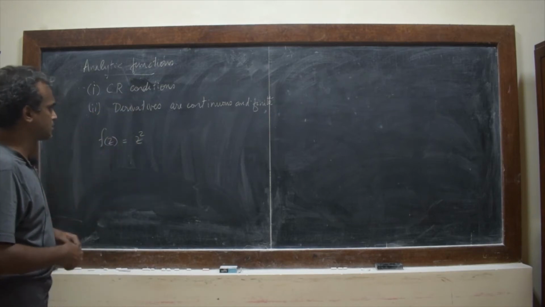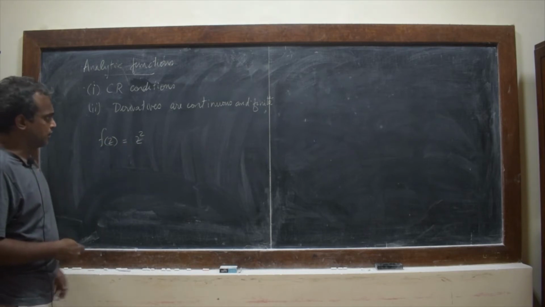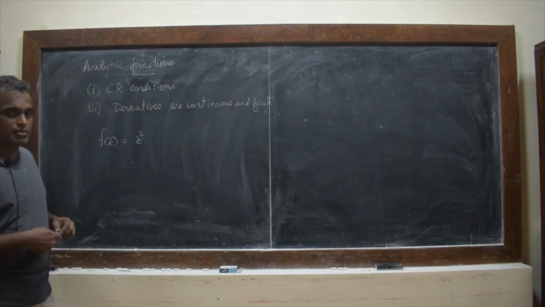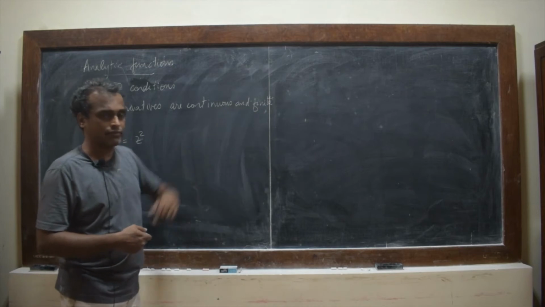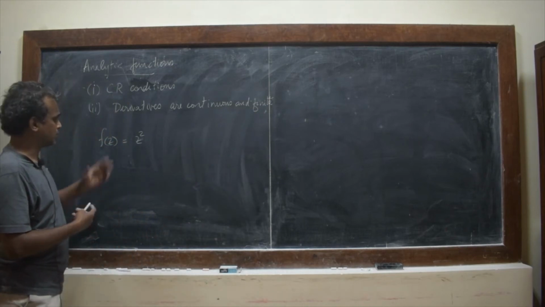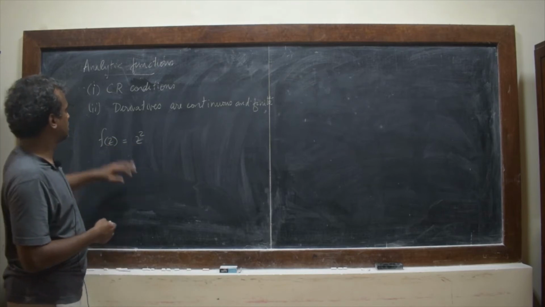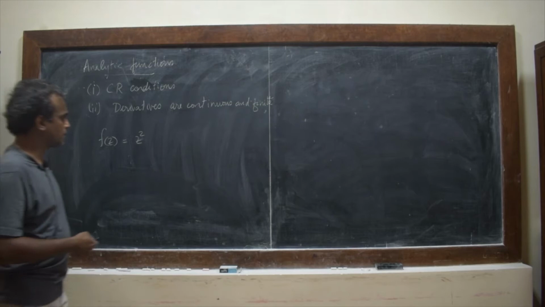It is also easy to see that the derivatives of this function are continuous at all points where the Cauchy-Riemann conditions are satisfied, and in fact they have a finite value at all those points. So, clearly these are functions that can be confidently termed as analytic functions.